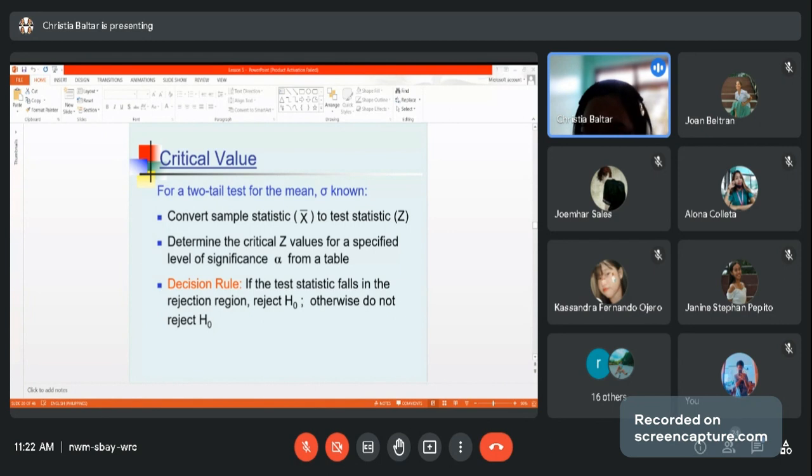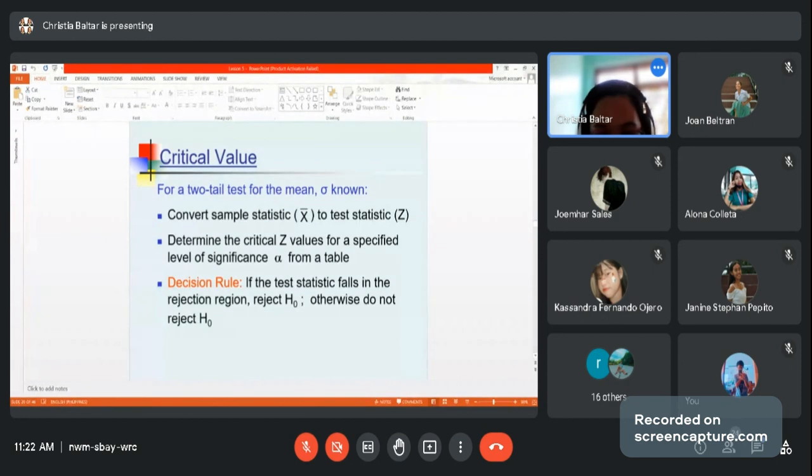Okay, so I want you to get your Z table. So this is the decision rule, the situation when we can reject the null hypothesis and when we cannot reject. If the test statistic falls in the rejection region, we reject the null hypothesis.